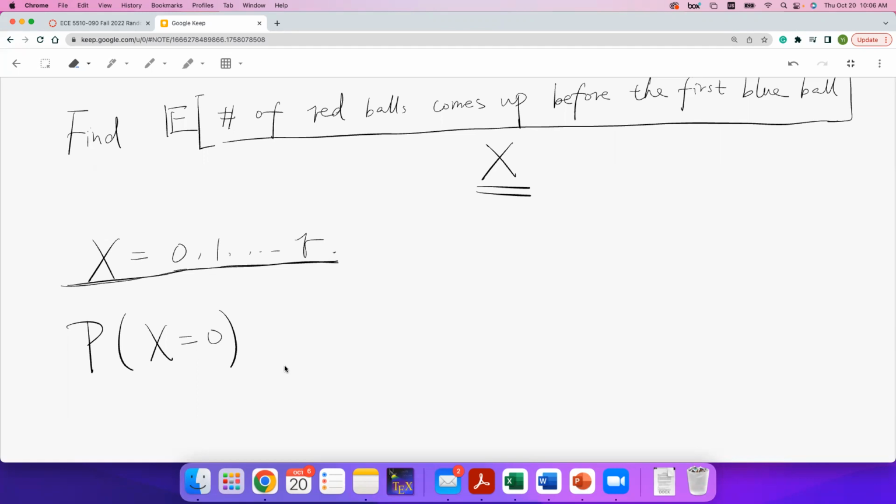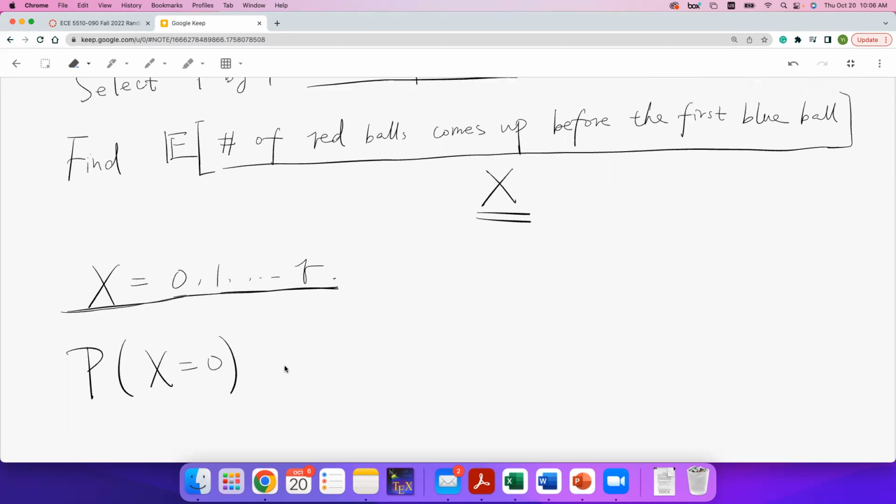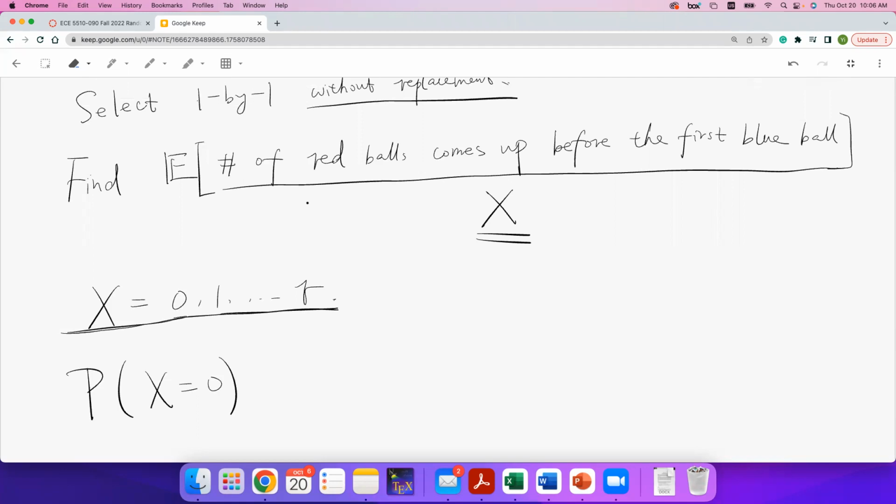It's like in your first trial, you have to draw a blue ball, right? Because in every trial, you can only pick red or blue. If there's no red ball coming out before the first blue ball, then your first trial has to be blue.